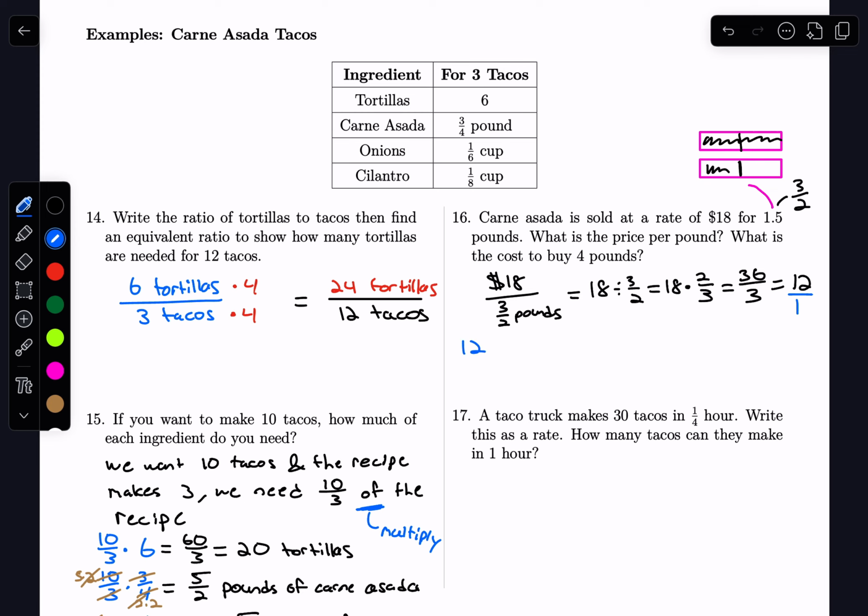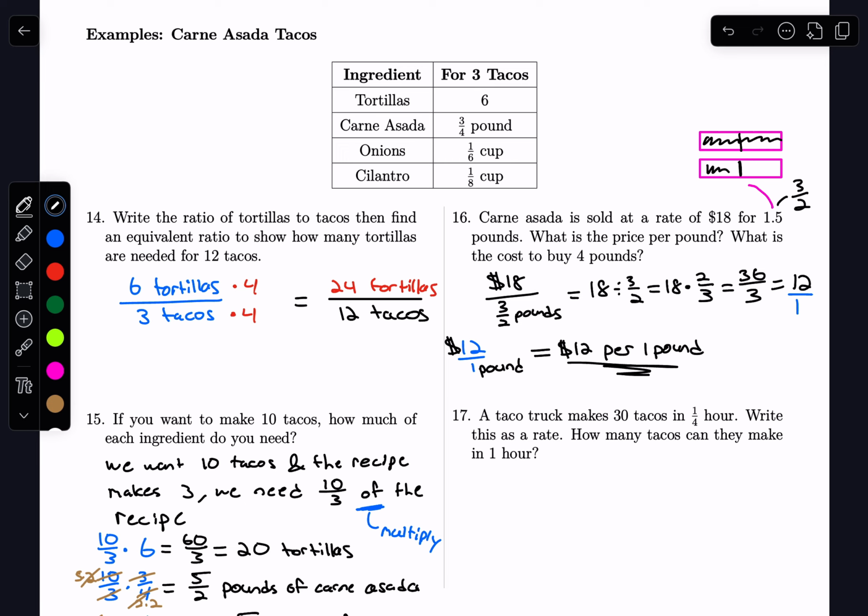And so 12/1 is going to represent the exact same units as 18 over 3/2. 12/1 means $12 per 1 pound of carne asada. So we would say that the price per pound, right here, 12/1, is $12 per 1 pound of carne asada. So that is answer number 1, $12 per 1 pound.